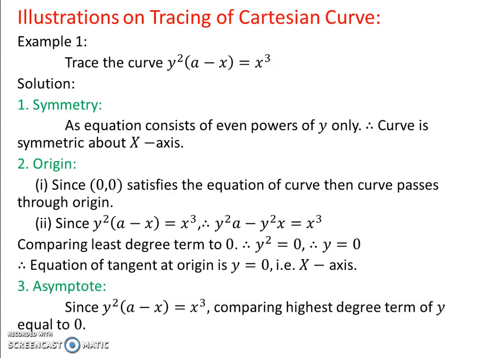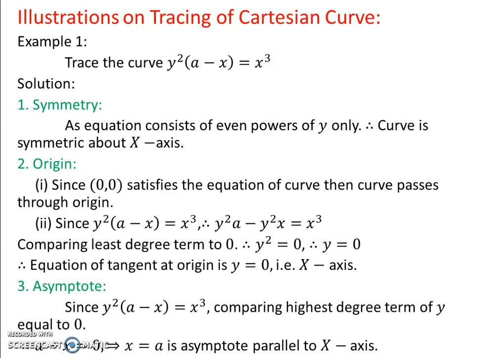As we have seen in the remark, for x tends to a, y tends to infinity, then x = a must be an asymptote. This is one way, or you can find it by equating the coefficient of the highest degree of y to 0. Here the highest degree of y is y², whose coefficient is a − x, so a − x = 0, therefore x = a is the asymptote parallel to the x-axis.